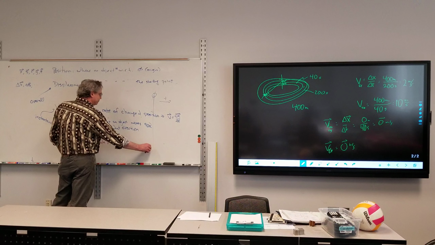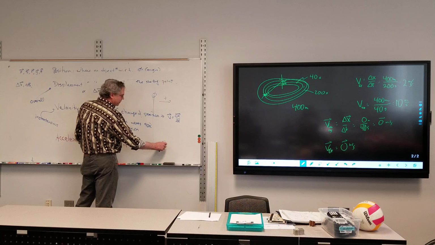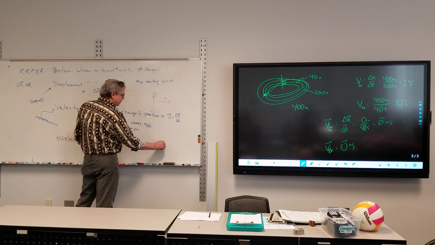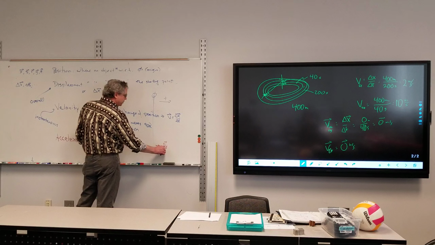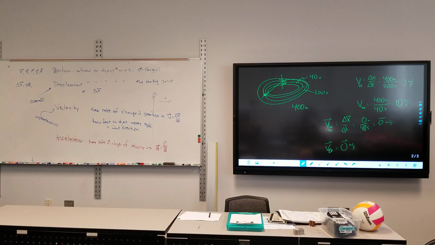In other words, acceleration, average acceleration, this must be a vector symbol, is the change in velocity over the change in time. So as was discussed last Thursday, there's acceleration if the velocity changes. Or non-zero acceleration if the velocity changes.